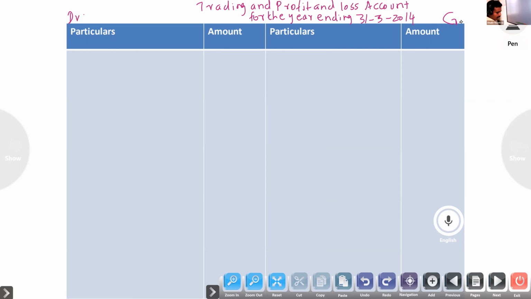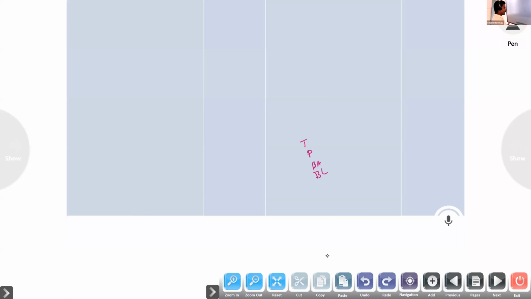For example, in short form, trading account T you can mention, whether debit side or credit side. Profit and loss account P. Balance sheet has two sides: if it is asset side, BA; liability side, BL. Otherwise B, if you know whether it is asset or liability.